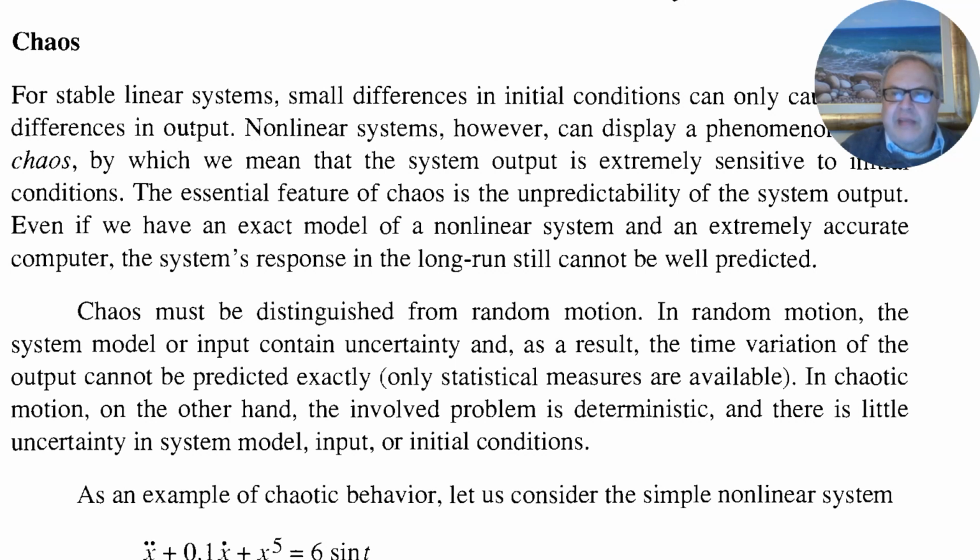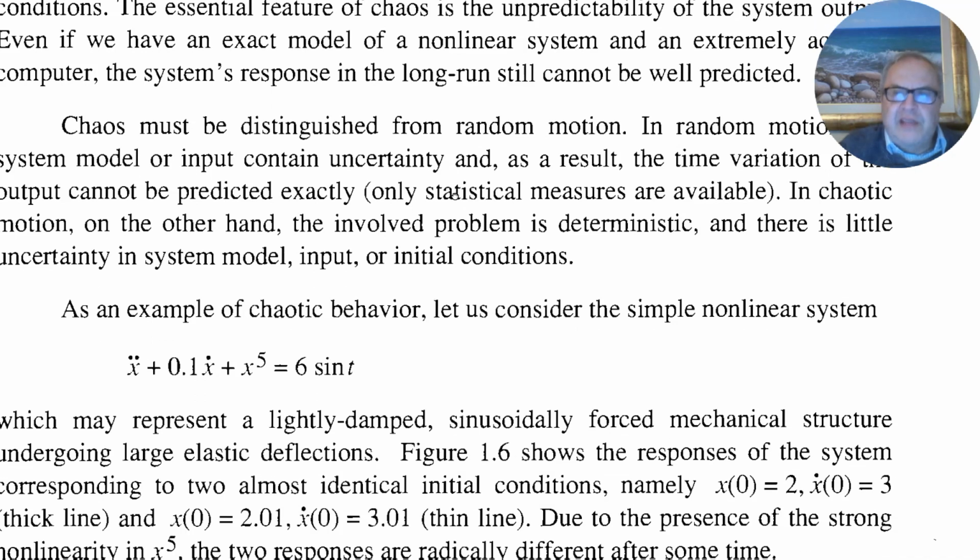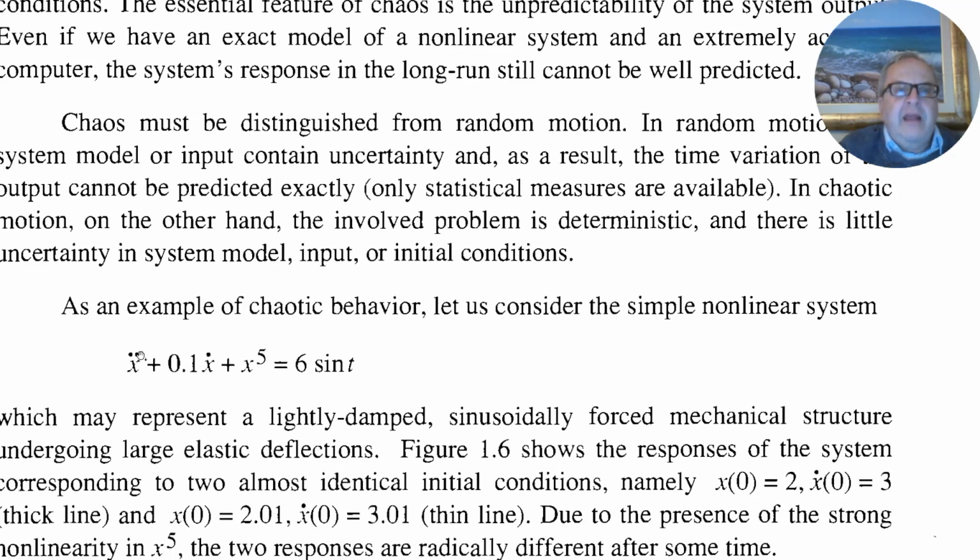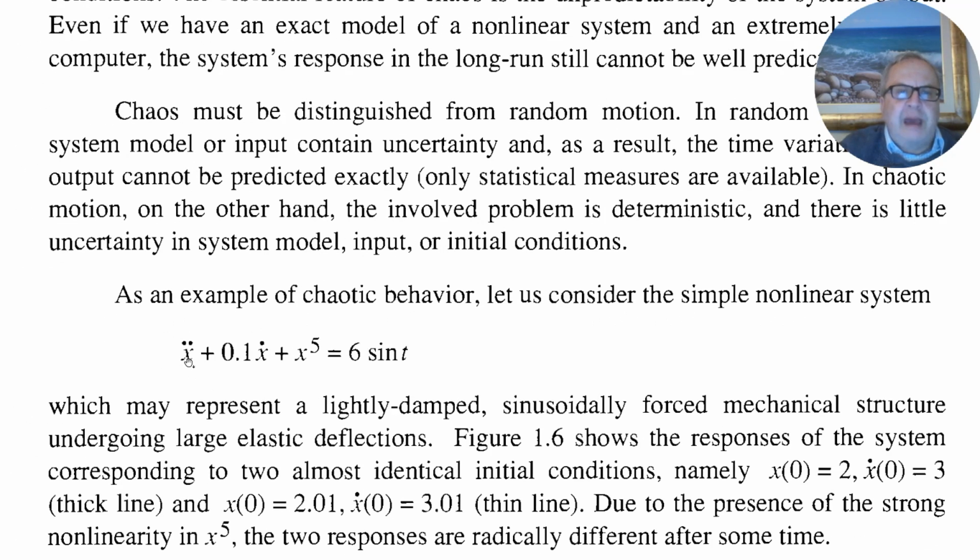Your problem is deterministic, but you cannot describe it simply with mathematics. So you know exactly the solution, and the solution is always the same. For example, in this nonlinear system, at the 100th second you can have a certain value, always the same value.